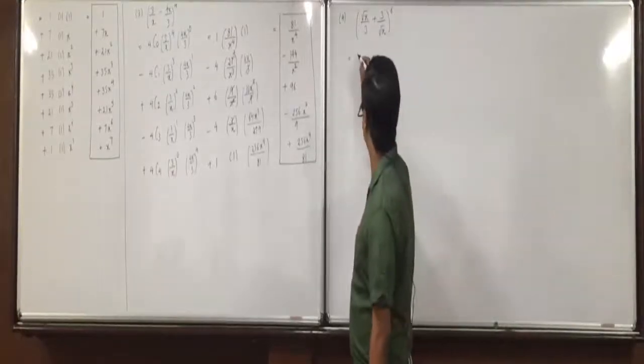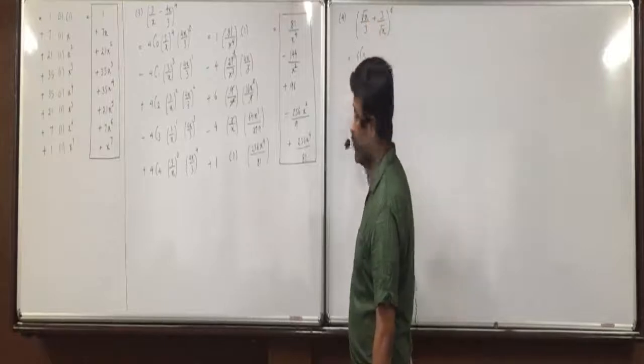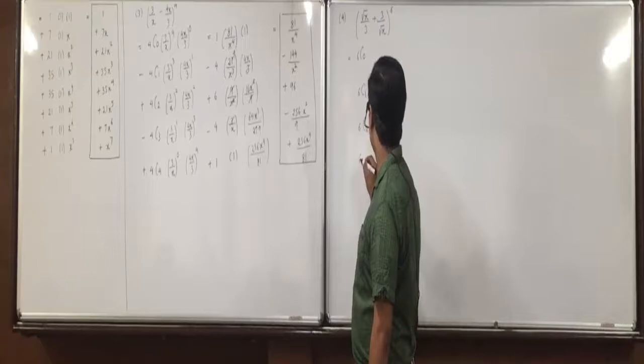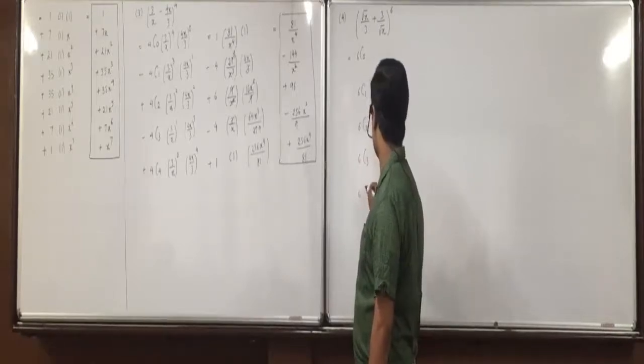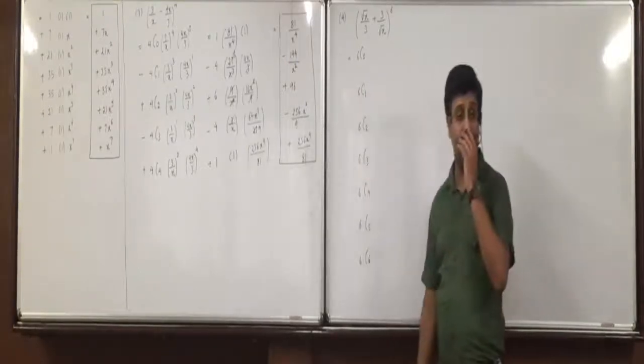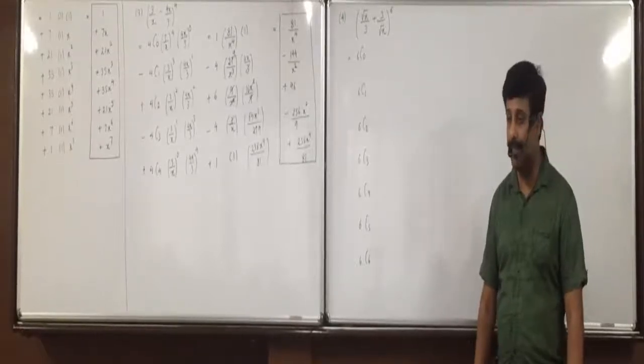Coefficients will be written down: 6C0. Fractions will leave one line. 6C1, 6C2, 6C3, 6C4, 6C5, and 6C6. Any confusions? All are clear up till here?